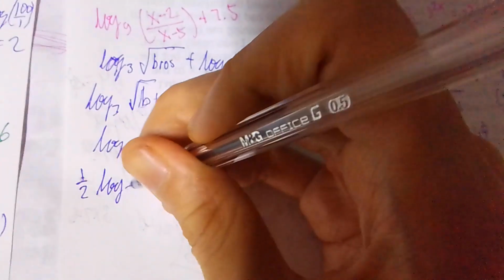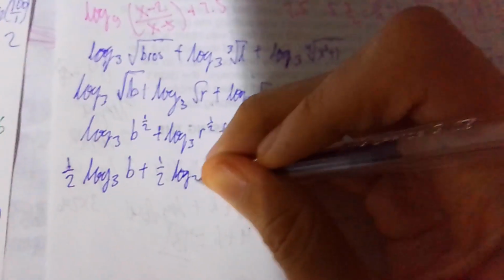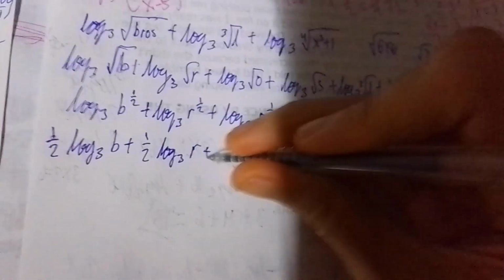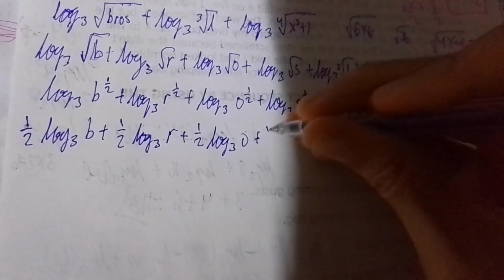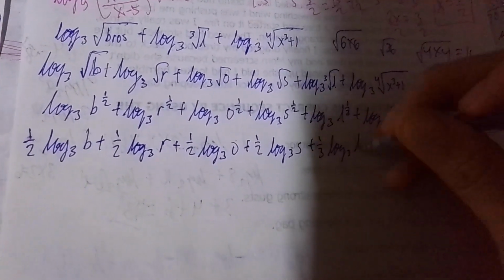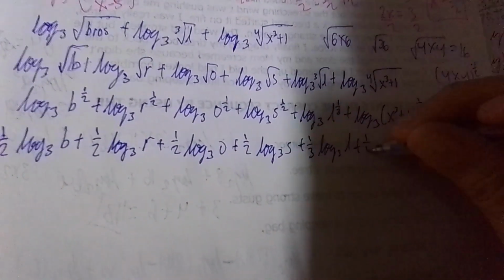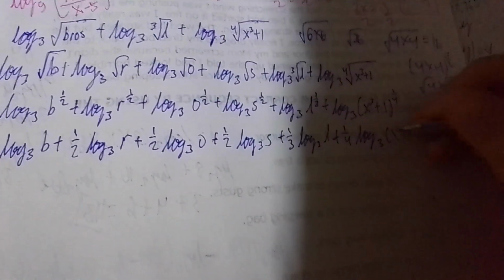So therefore, rewriting this, we get 1/2 log base 3 of b plus 1/2 log base 3 of r plus 1/2 log base 3 of o plus 1/2 of log base 3 of s plus 1/3 of log base 3 of l plus 1/4 of log base 3 of x cubed plus 1. That's it. And there we have it.